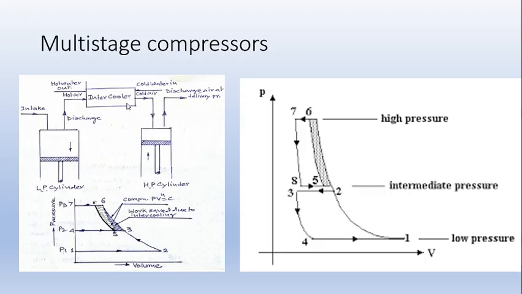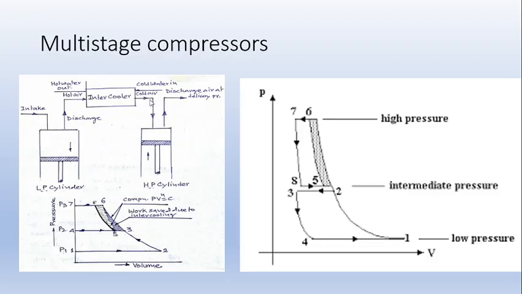In an ideal intercooler, T2 after intercooling is equal to T1. But this is not possible. The temperature of the compressed gas from the intercooler is always greater than T1.